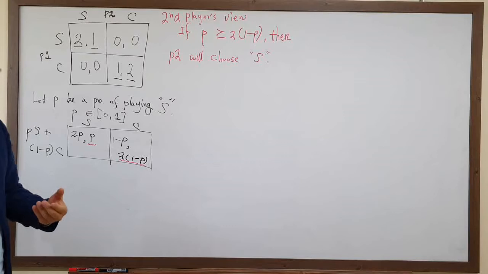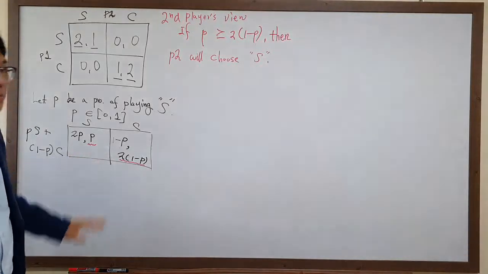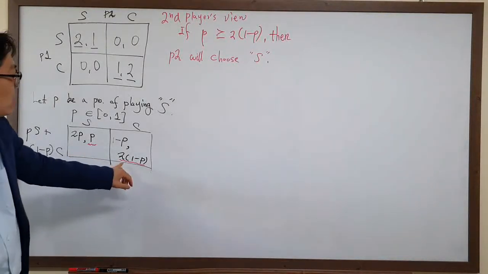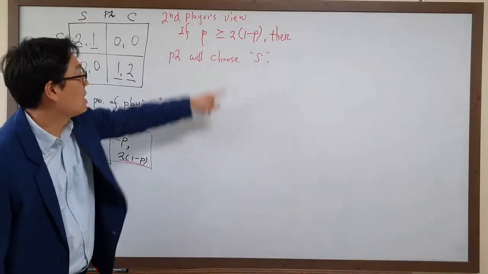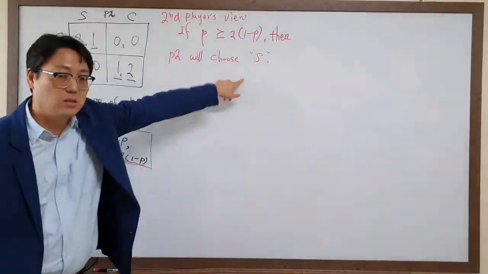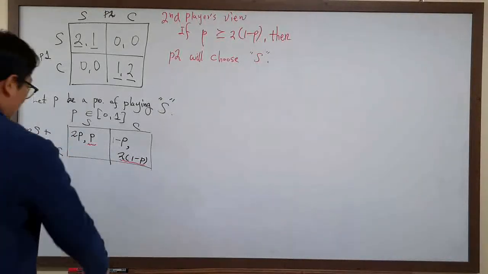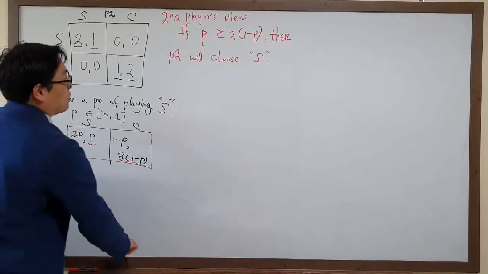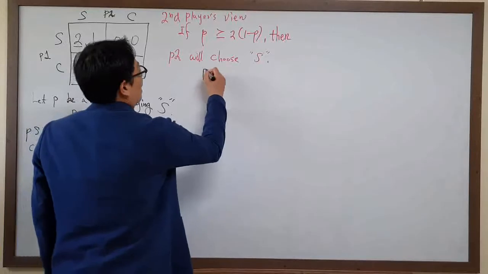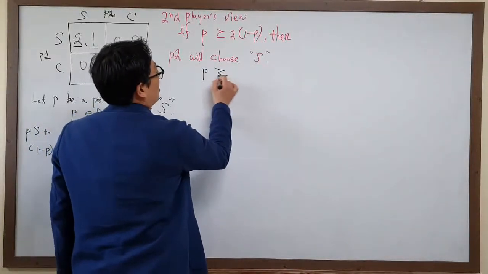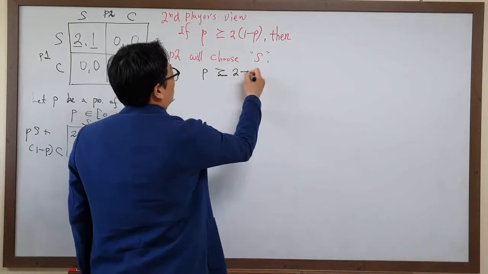It depends on the size of P. So when P is greater than 2 times 1 minus P, then I'm going to choose S. If I reorganize that inequality, P is greater than or equal to 2 minus 2P.